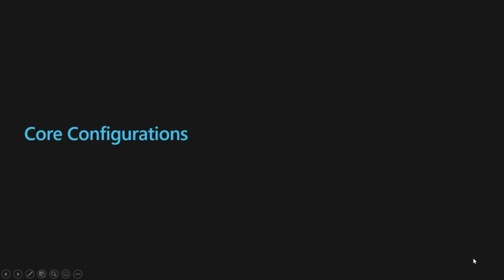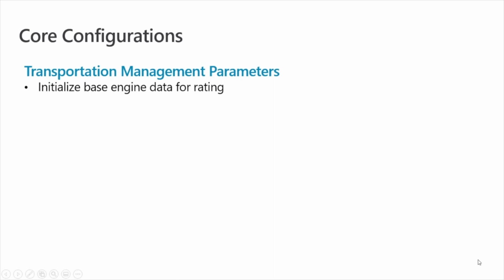So let's get started. For our core configurations, the first one that I want to talk about is within our transportation management parameters. These are our module level parameters. The first thing that we need to do, and this is only applicable when we first set up a new environment, is go into our transportation management parameters and click the button that says initialize base engine data.